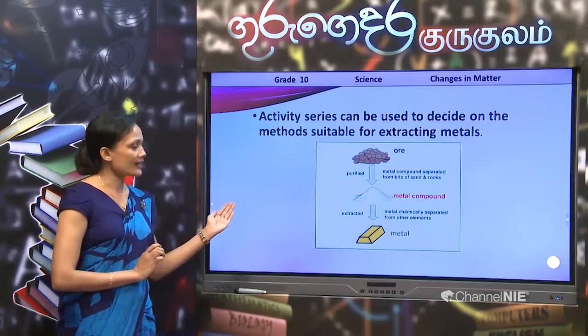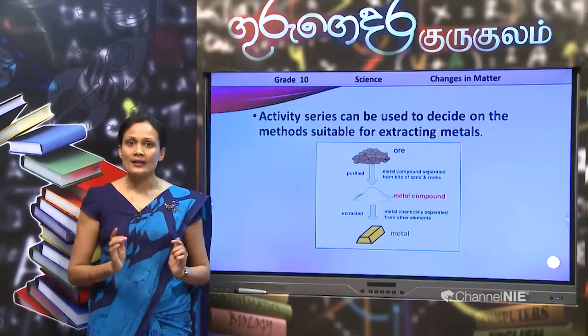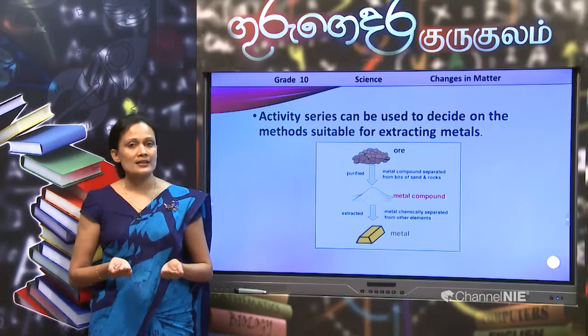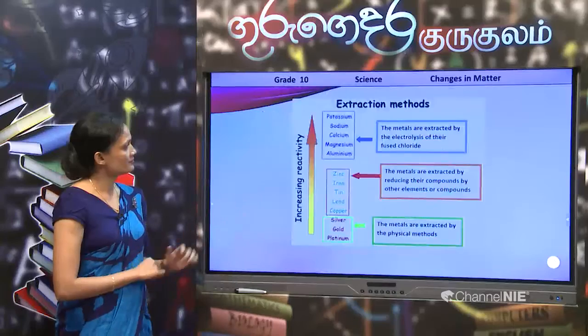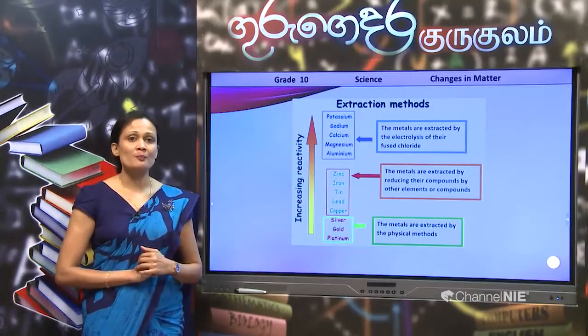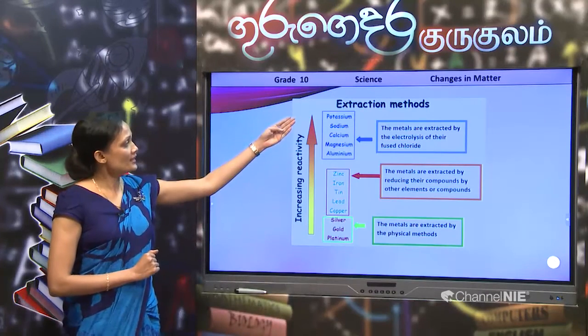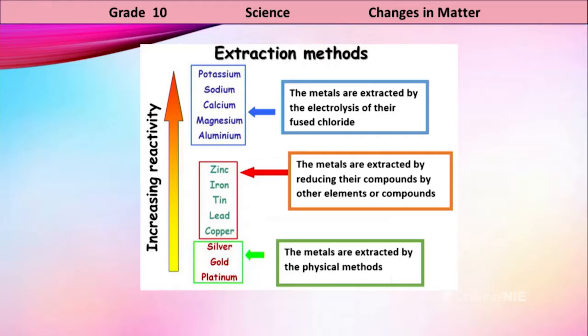So by using the activity series, we can find the way of extracting different types of metals. Look at this, children. Extraction method: higher reactivity metals, potassium, sodium, calcium, magnesium, aluminium, can be extracted by electrolysis of their fused chlorides.